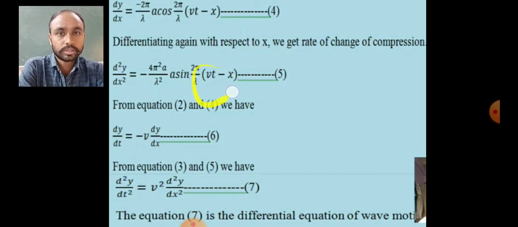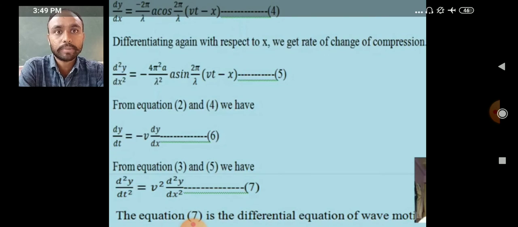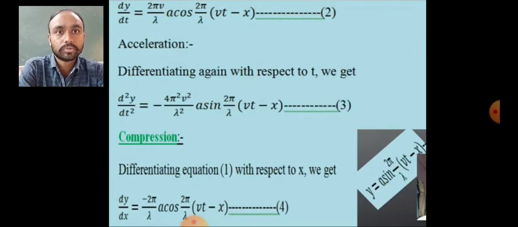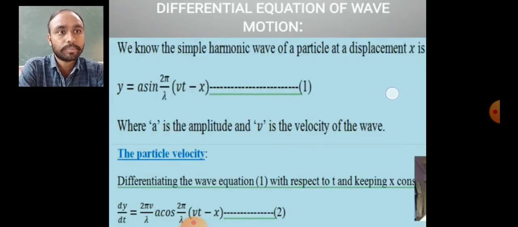This theta is 2 pi by lambda (vt minus x), but t is constant because we are taking the derivative with respect to x. So here again the derivative of x is 1 with respect to x, and this negative sign. So minus 2 pi by lambda. Here it was already minus 2 pi by lambda, and again from this double derivative we are getting minus 2 pi by lambda.